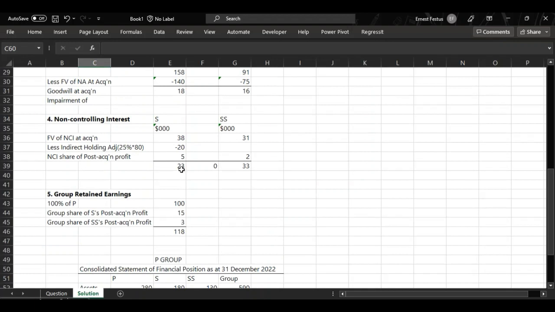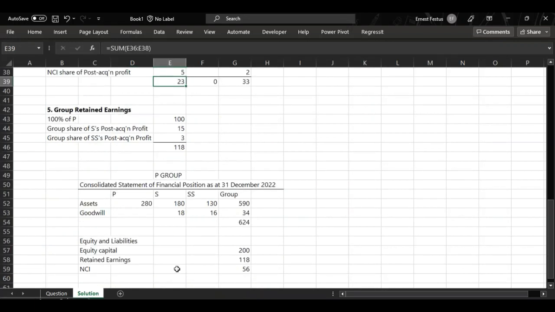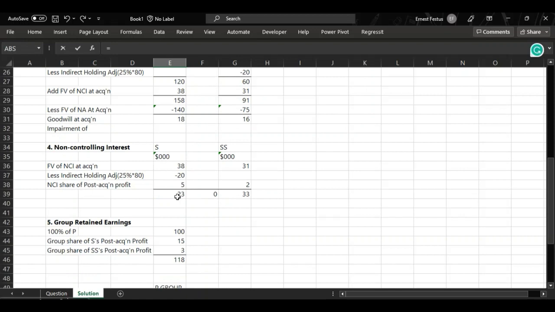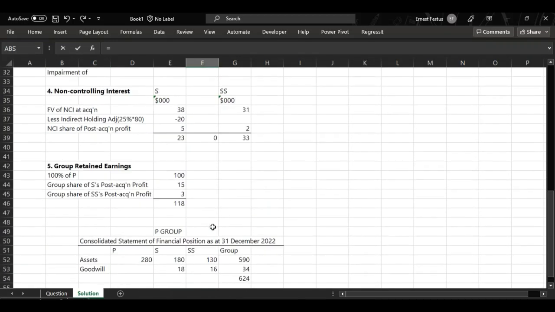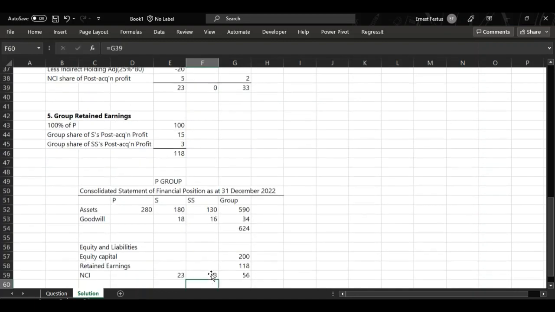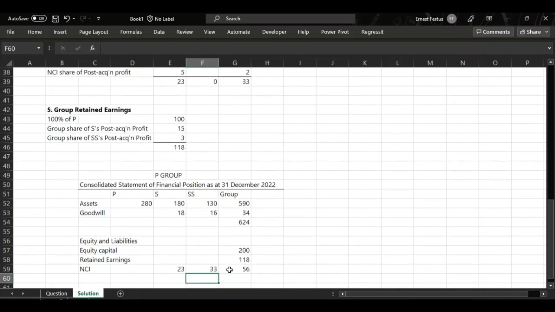So we have this plus this right there. In order to make it very simple, I'll put U here. So you have the sub as 23, and the other sub is 33. And we have that.